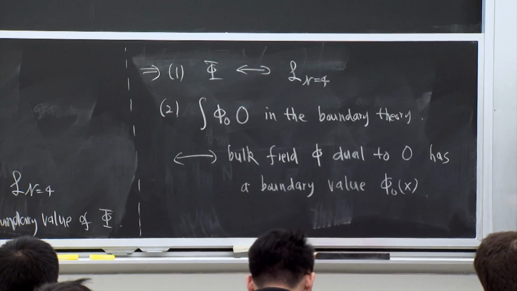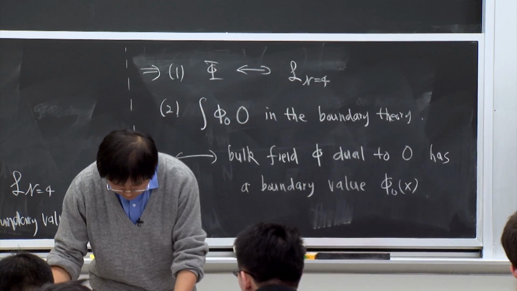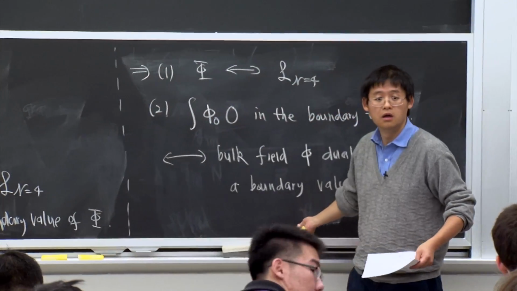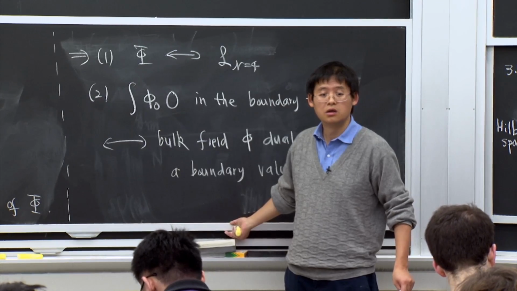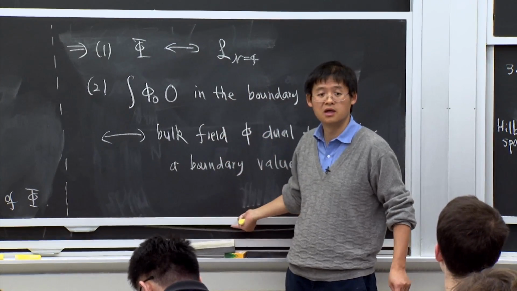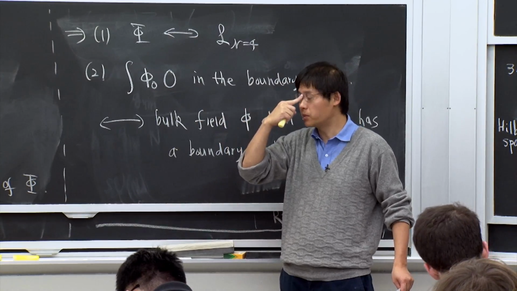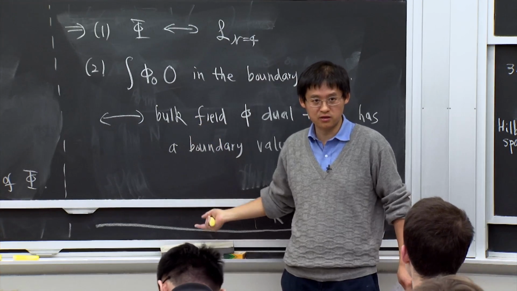Any questions about this? Yes? The choice of operator O should be consistent with those symmetries, right? You're not pre-choosing O. No, O can be anything. It doesn't have to be consistent with the original symmetries. You can deform the theory without that. A deformation can break the symmetry.